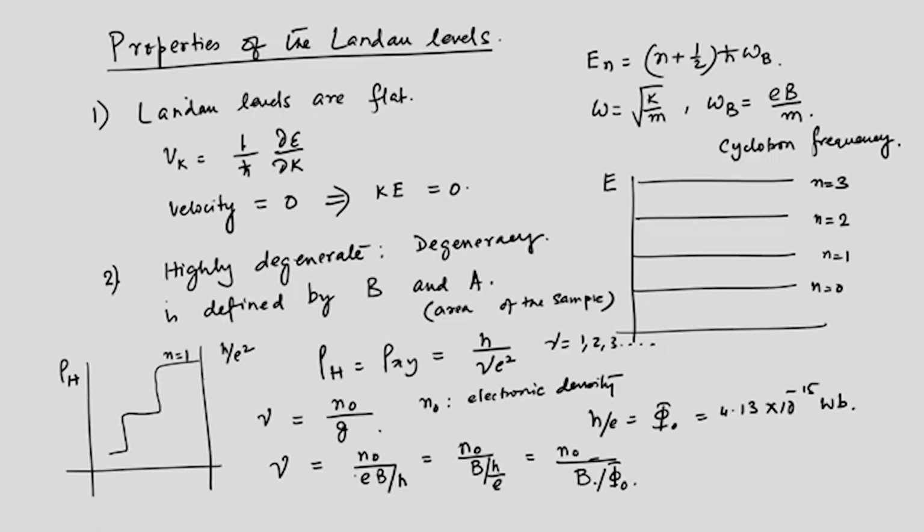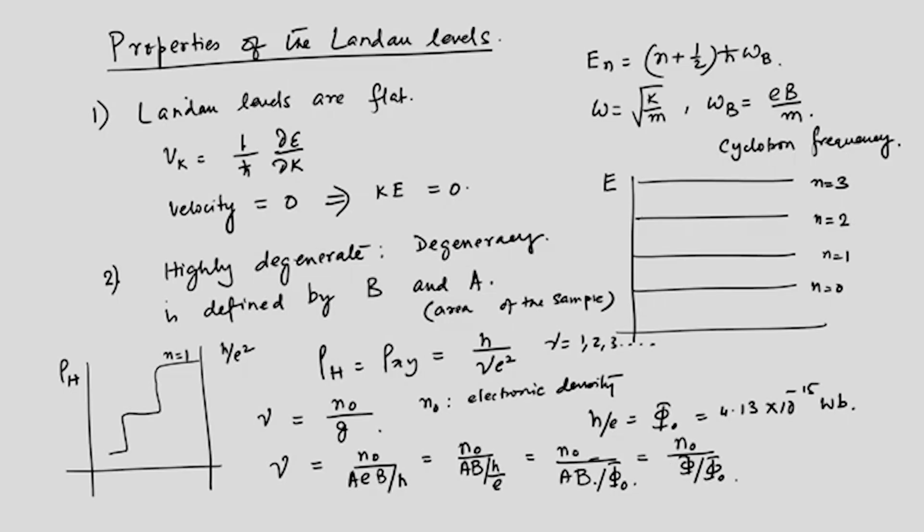in which case we'll have a here, which means that this degeneracy is equal to n0 divided by phi upon phi 0. Okay, so then the integers of the plateau are actually the ratio of the electron density divided by the flux divided by the flux quantum.